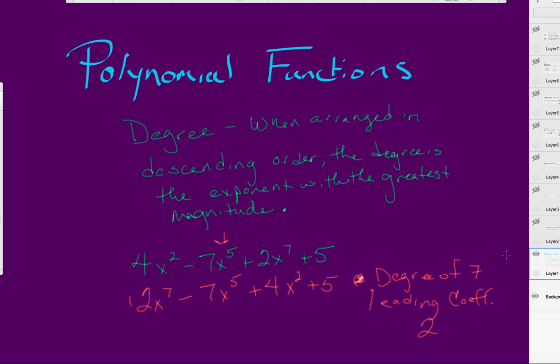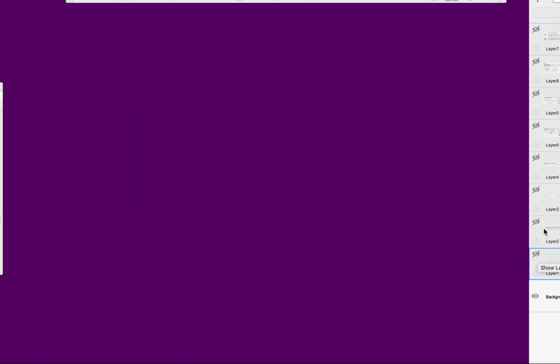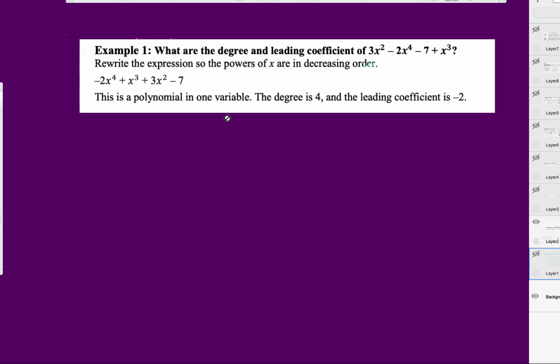I'm going to display a little, let me get rid of this, and then we'll go here. And so what are the degree and leading coefficient of this expression right here? And we're going to say, hey, I just need to put it in order.